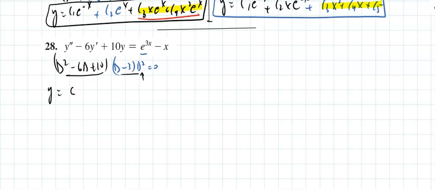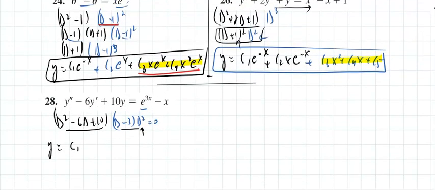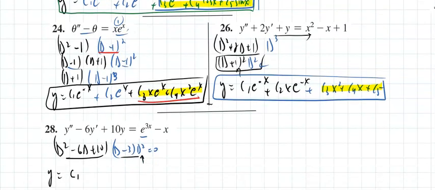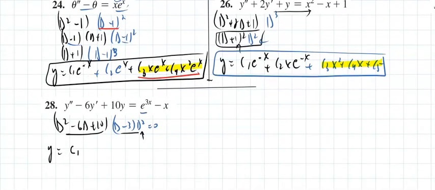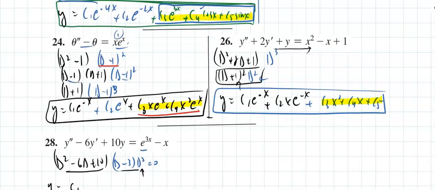c sub 1. I added one extra term. C26. Oh, that's right. That's it. Okay, I figured out my mistake. That was a 3. Now I feel better.